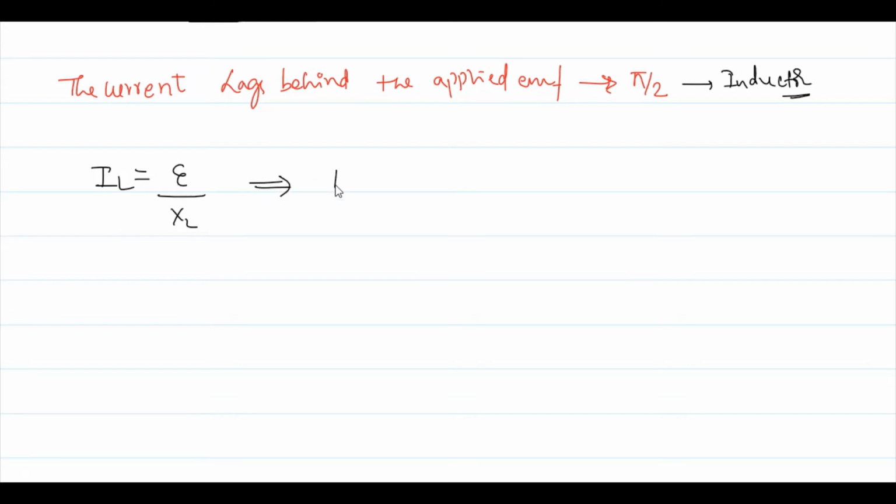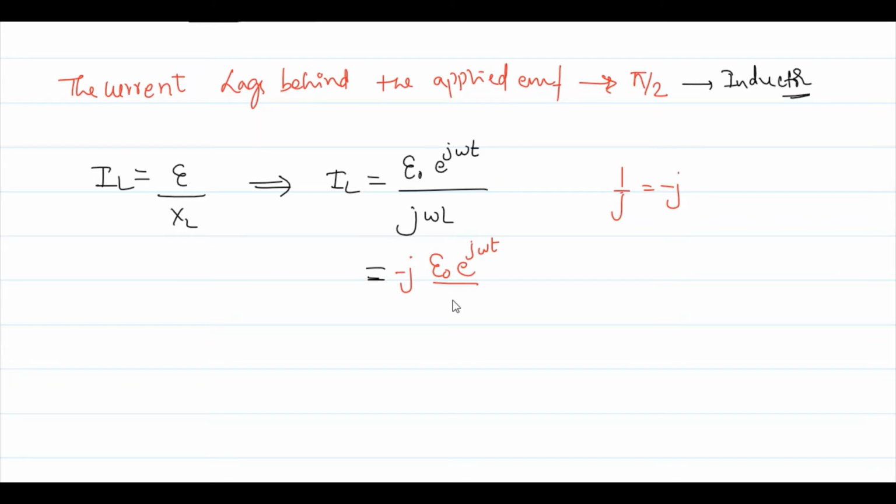Substituting these two values, IL equals E naught e power j omega t, divided by XL, which is j omega L. If I take the j, 1 by j, above, that becomes minus j, as we know from the Argand diagram and complex number concepts. So it becomes minus j into E naught e power j omega t divided by omega L. I keep the constant terms as they are: E naught divided by omega L into exponential of j omega t, multiplied by minus j.